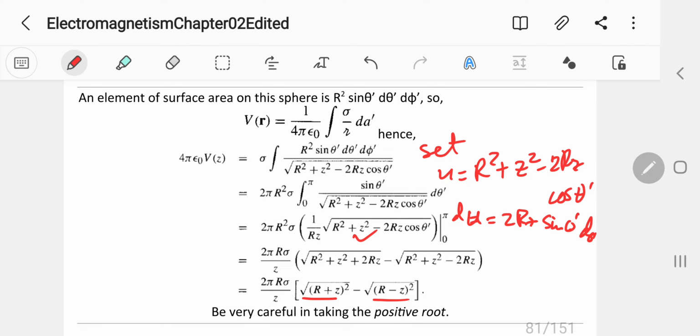Z could be greater than R, and so this one is okay, but this one would always have to be noted, because if z is greater than R, then R minus z would be negative, and if z is less than R, then that would be okay.